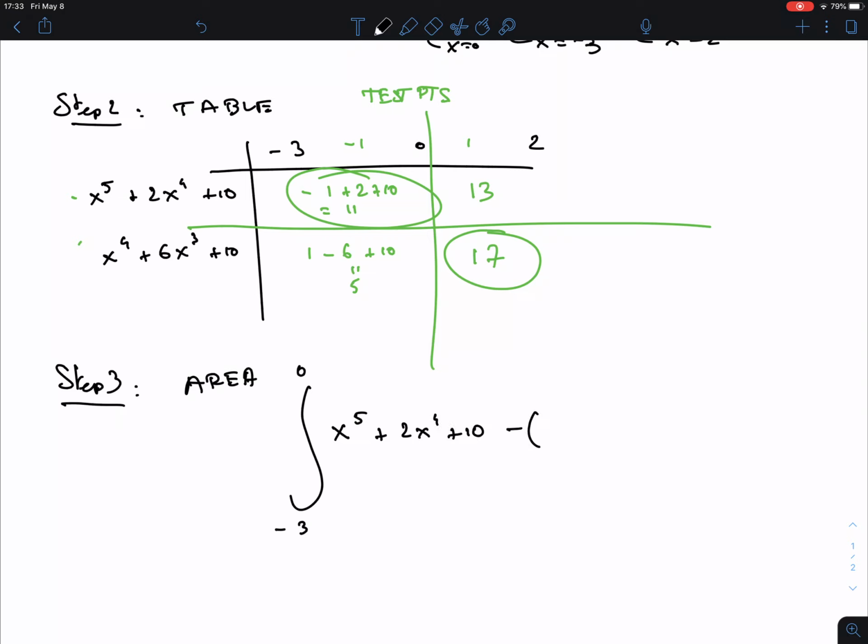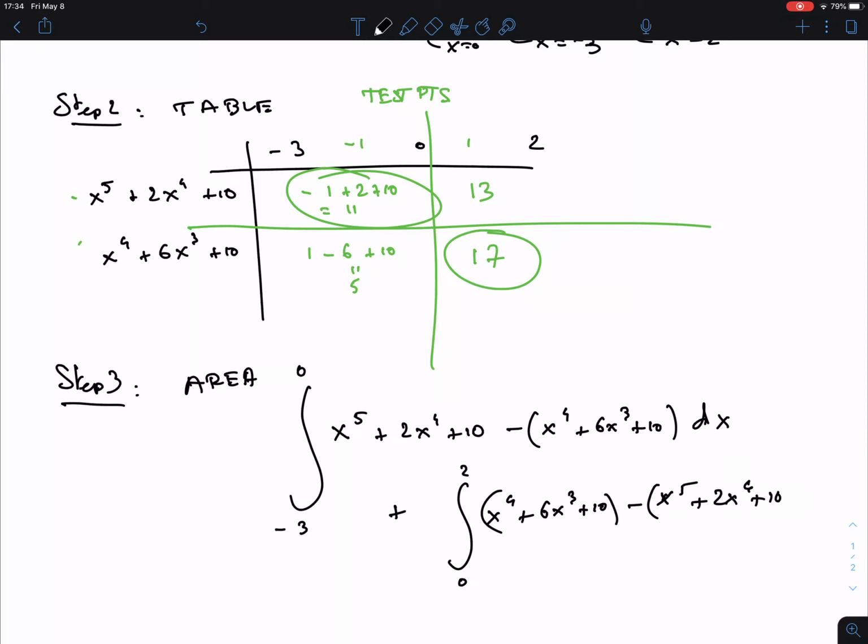Let's put parentheses so we don't forget anything. Plus, now we do the same thing on the second interval from 0 to 2, but there it's the other way around. From now on, it's a lot of writing, but it's no longer hard.